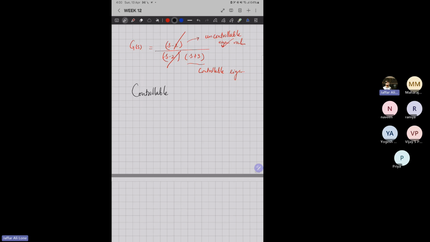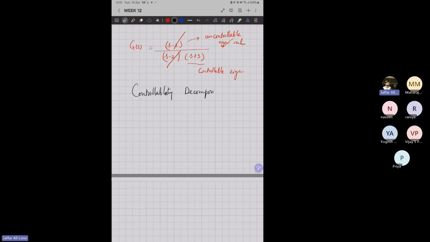Did they teach it? Anyone? So they haven't taught this canonical decomposition. Okay, controllability decomposition, I'll tell you this.